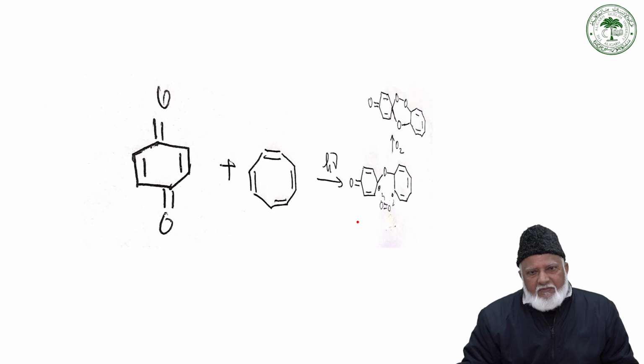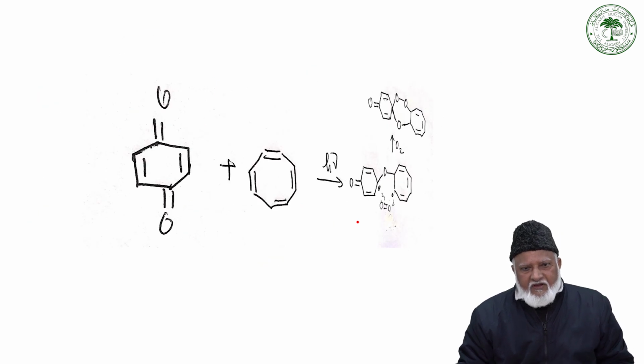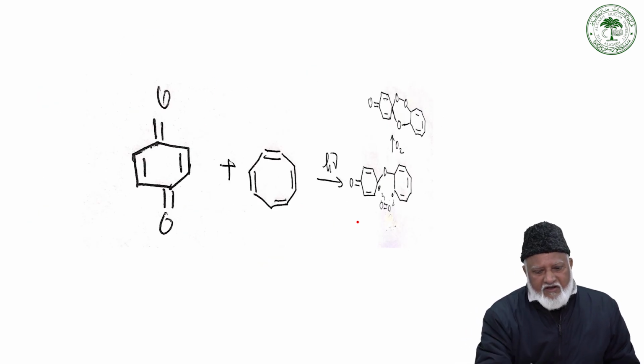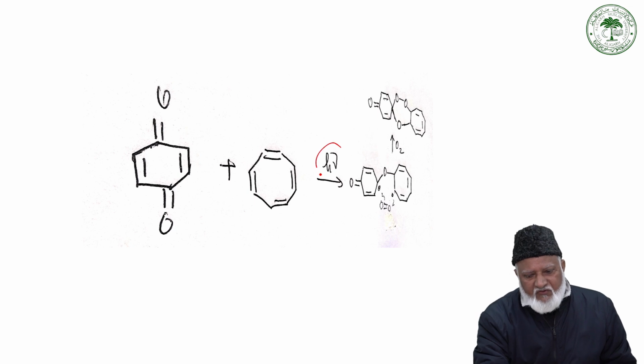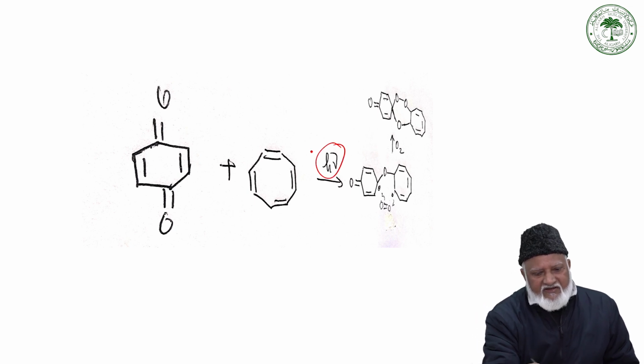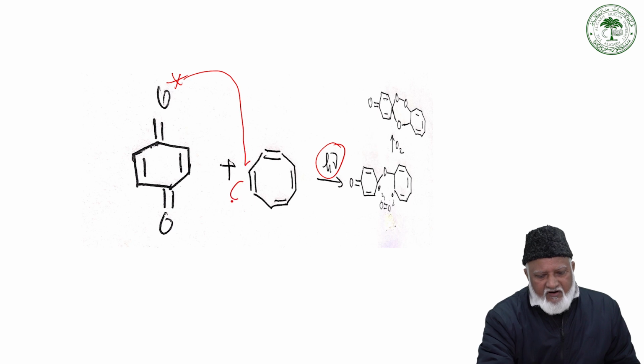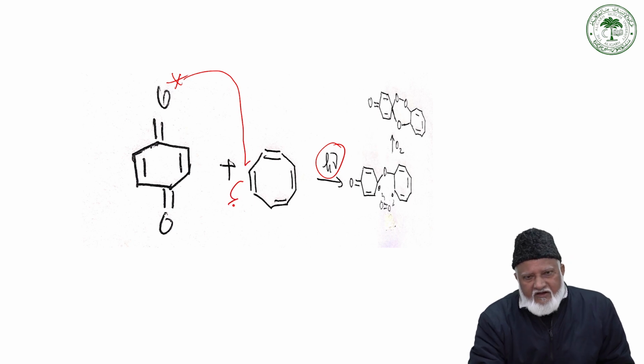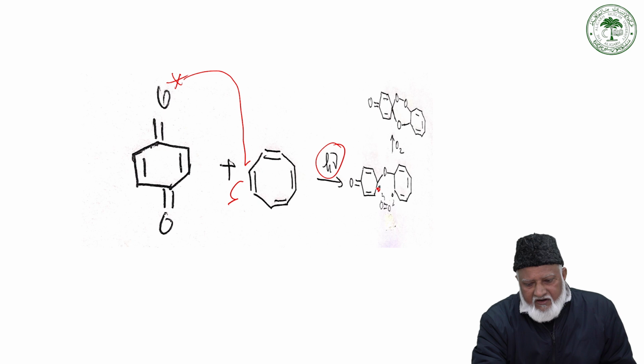Here is another example. Here the benzoquinone reacts with cyclooctatetraene under photolytic conditions. Here as well the excited carbonyl can add to one of the double bonds. Of course here all are symmetrical, so the excited carbonyl might add to any of the double bonds to generate a 1,4 diradical. 1, 2, 3, 4.